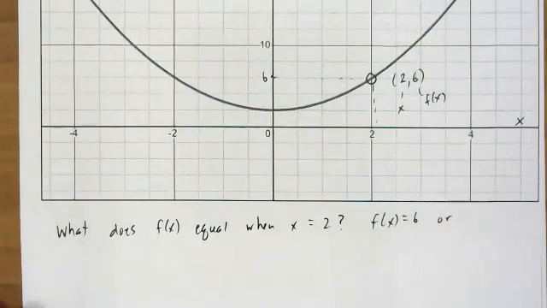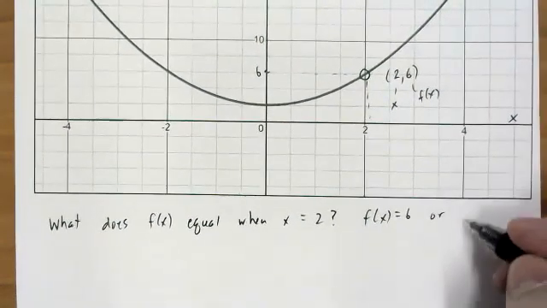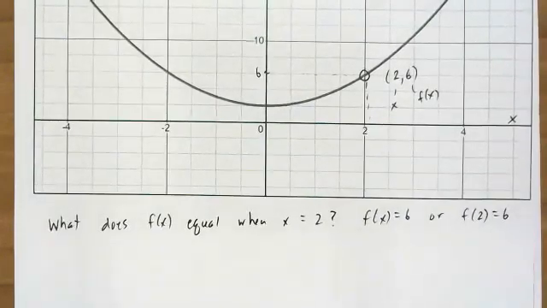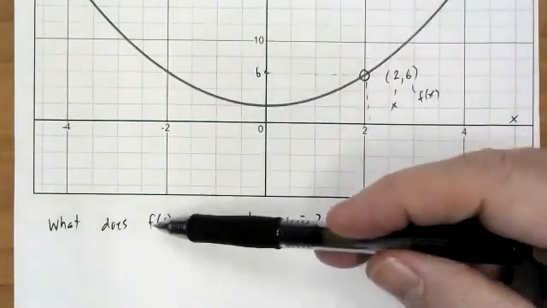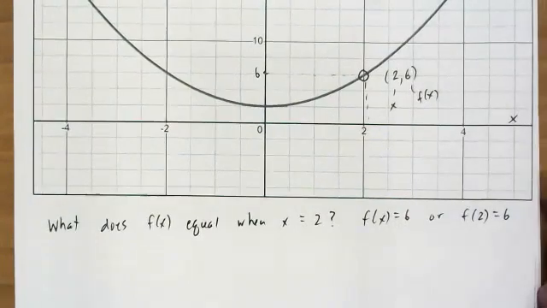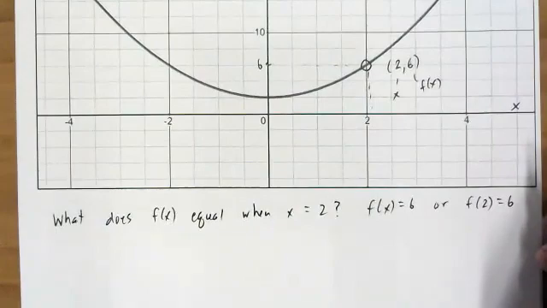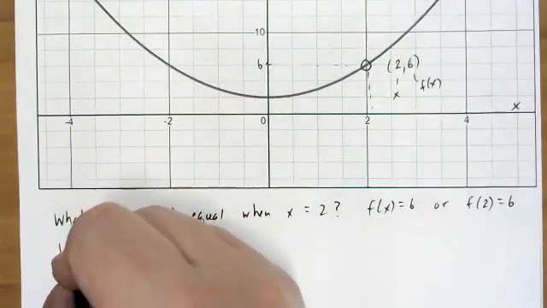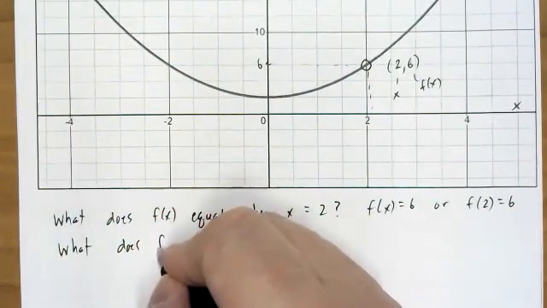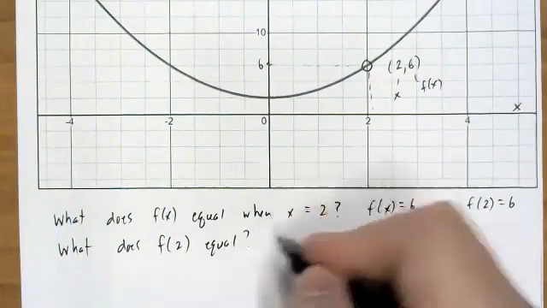Or, this is perfectly fine. If you want to be really precise and fancy, you could say f of 2 equals 6. Because when you say, what does f of x equal when x is 2? Maybe I'll make that a second question. What does f of 2 equal?